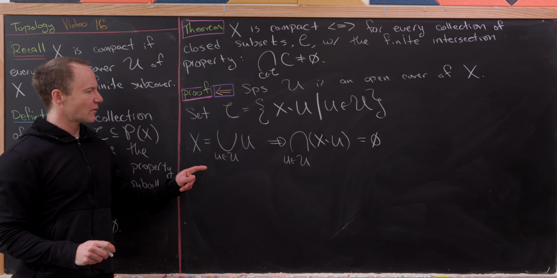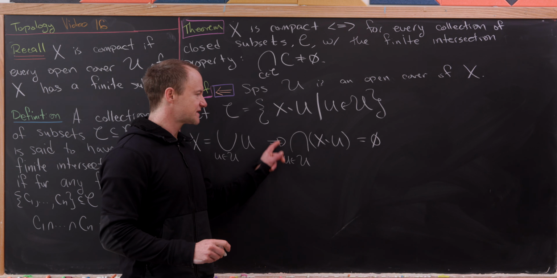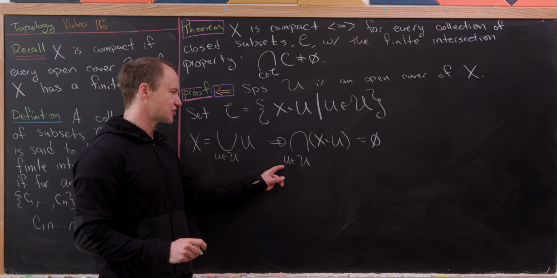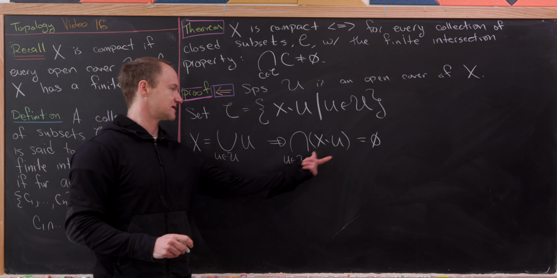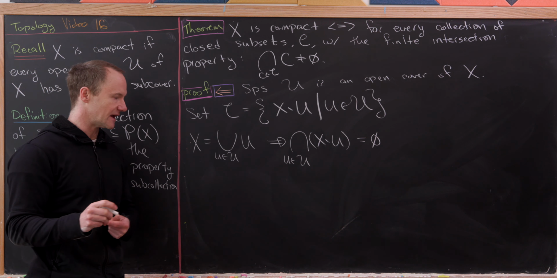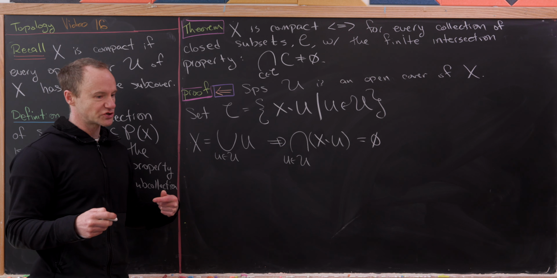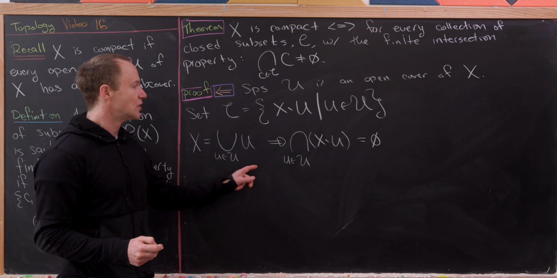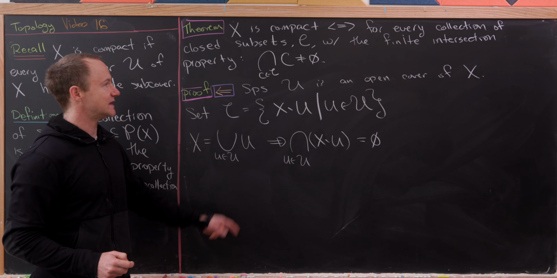So let's observe what we have here. We've got the intersection of this arbitrary collection of closed sets. This is an arbitrary collection of closed sets because, check it out, it's an arbitrary collection of complements of open sets and thus closed sets. We've got that is empty.